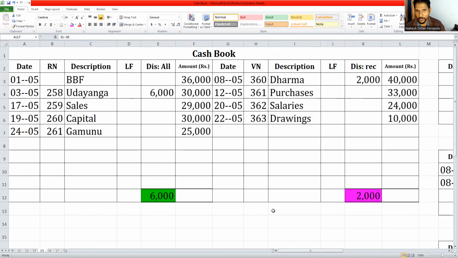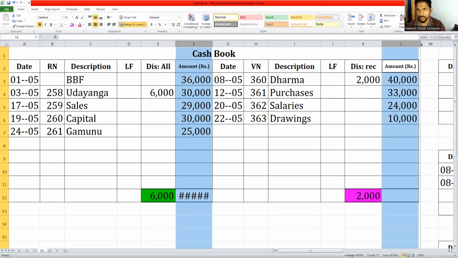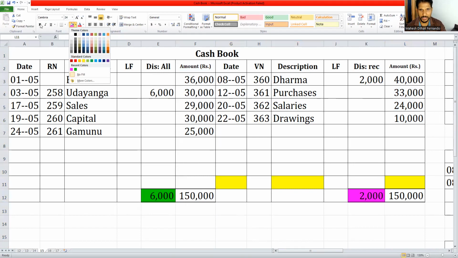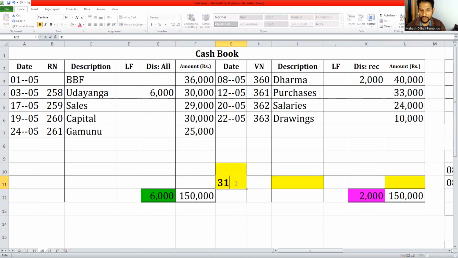Let's balance the cash book. Puta, the total 150,000. Calculate the balance carried down of the cash book. The date is 31st of May. BCD, 150 minus 107.